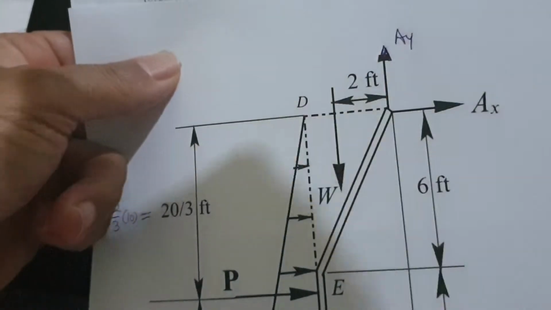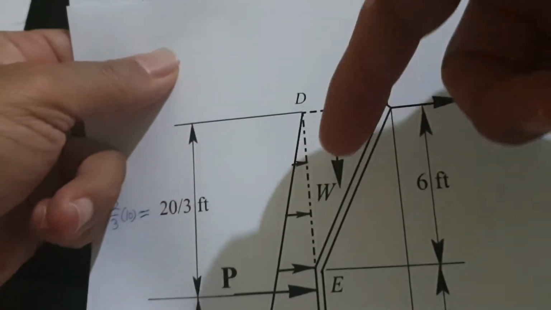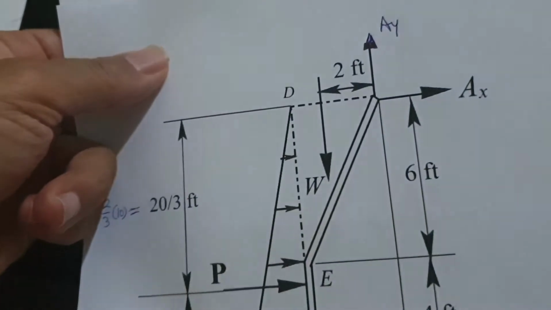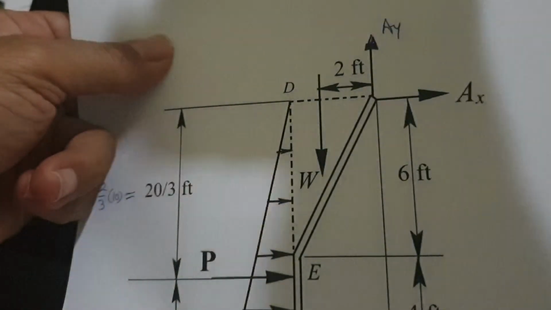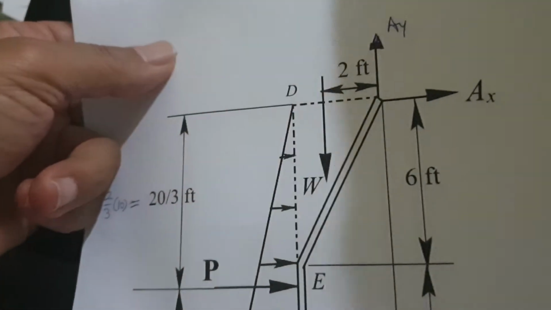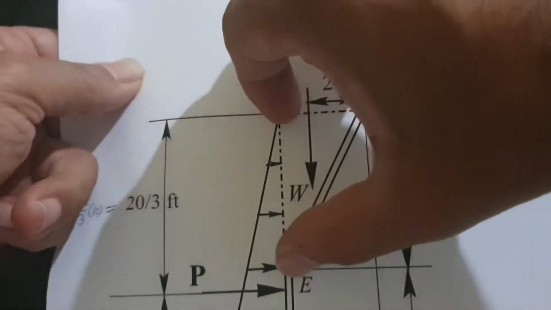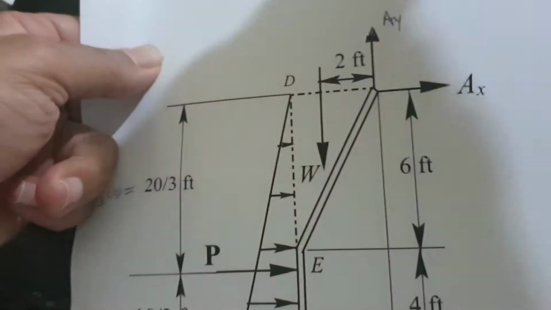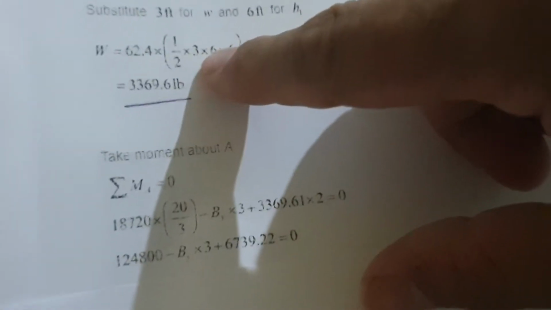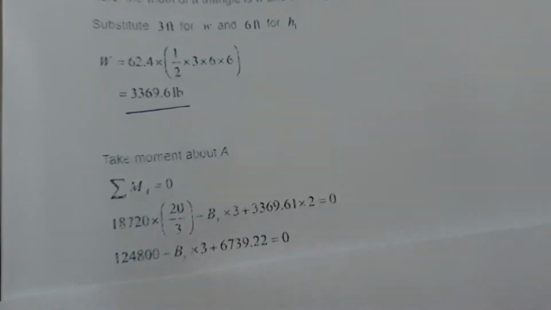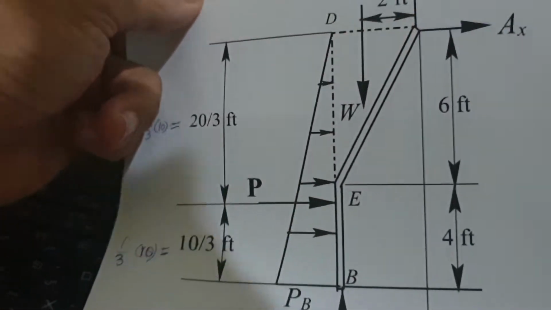1/2 W, the weight, H times B. Now, first of all, you can see that this triangle is 1/2 times 3 times 6. 1/2, 3 times 6 times the depth inside, which is 6 feet, because the depth of the water inside the pipe is 6 feet.